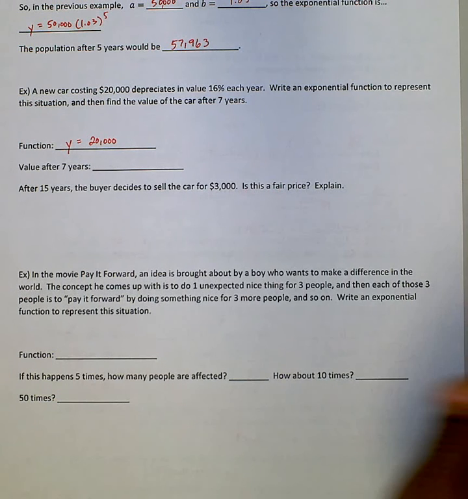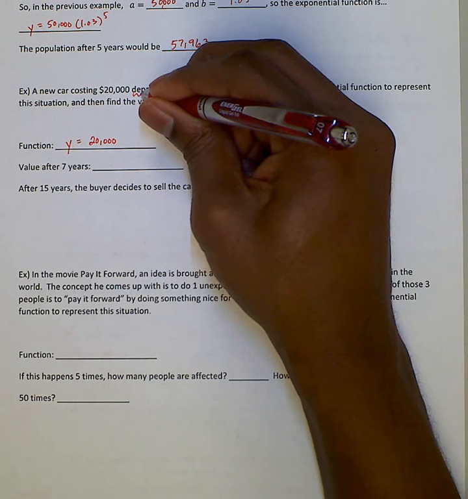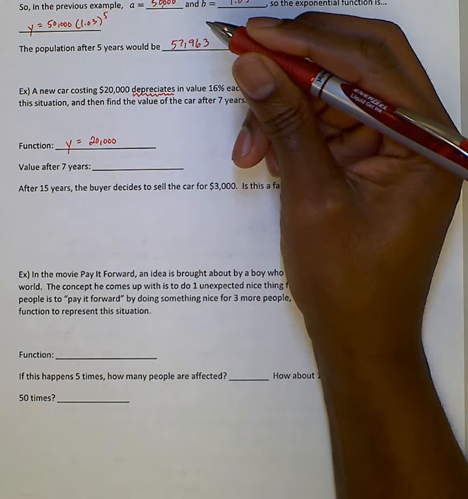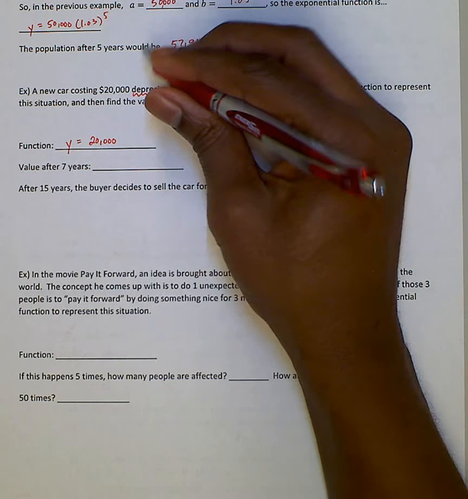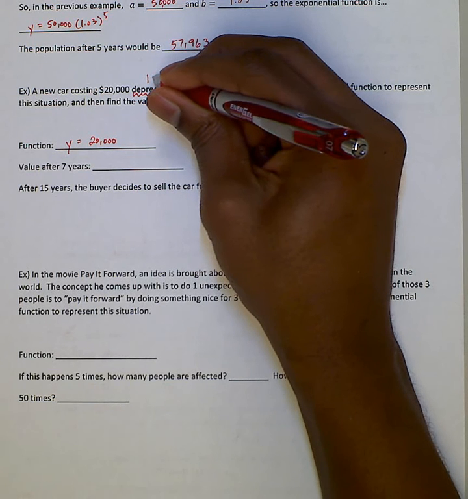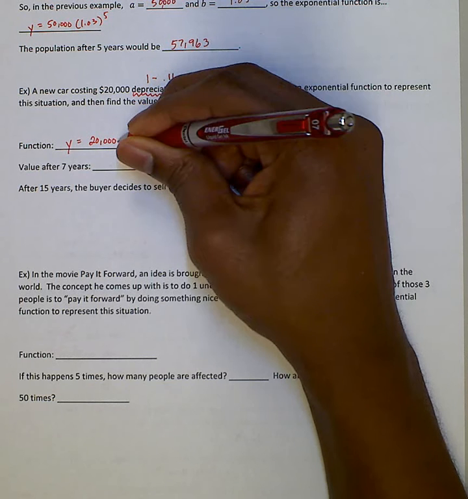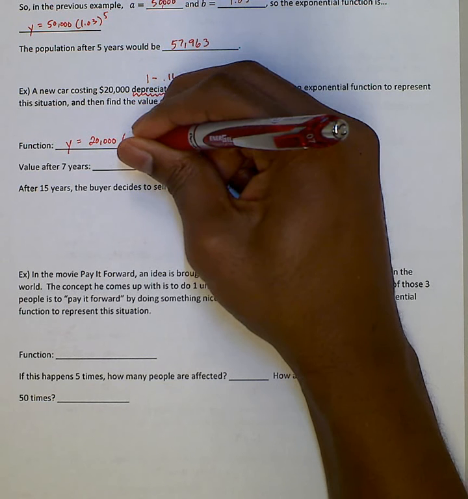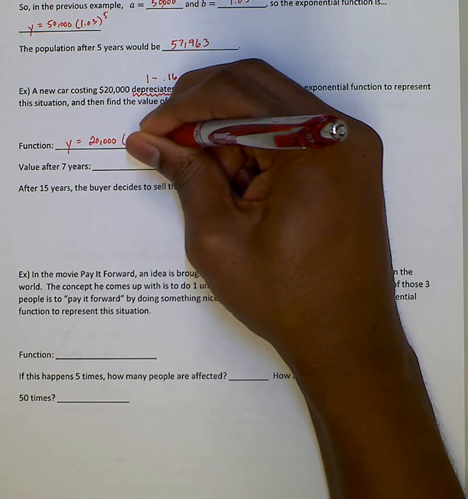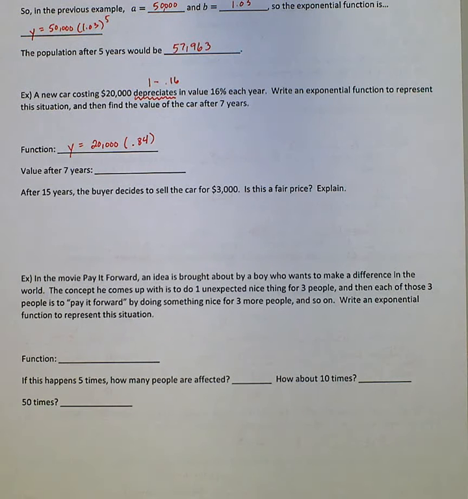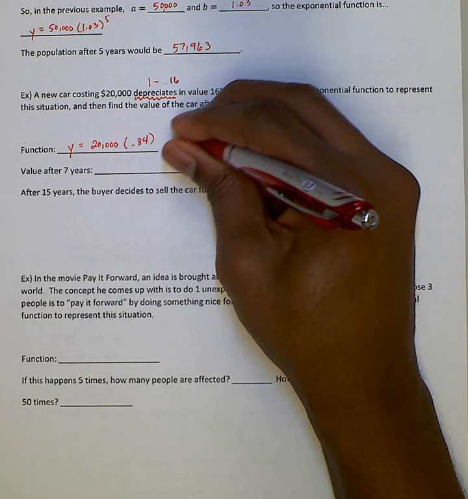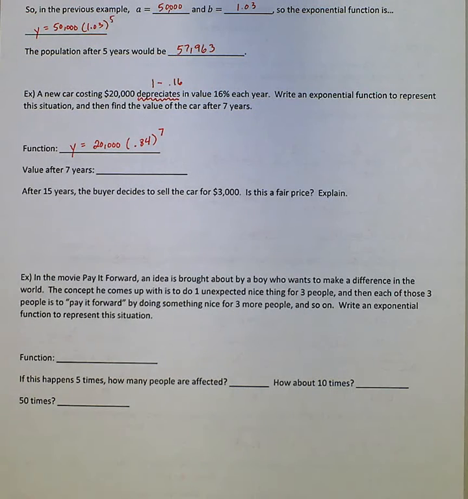So remember that depreciates means that it's decaying. The money is going away. So we say, okay, it's not 100%, it's 100% minus the 16% each year. So 1 minus 0.16 would be 0.84. Okay, and then X will represent how many periods, so 7 in this case.